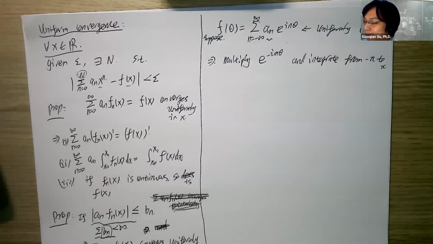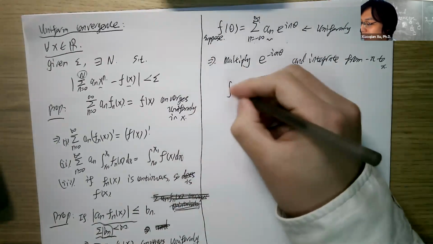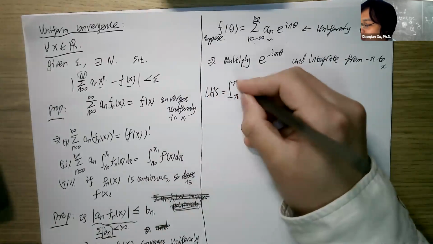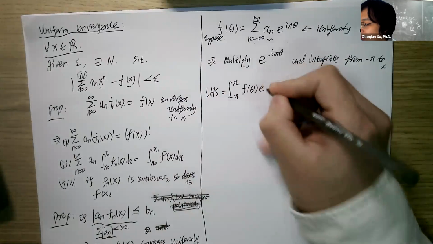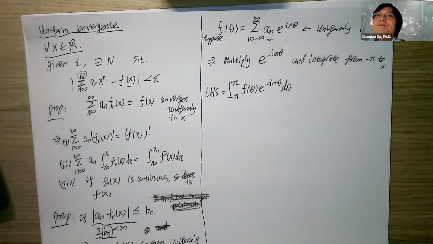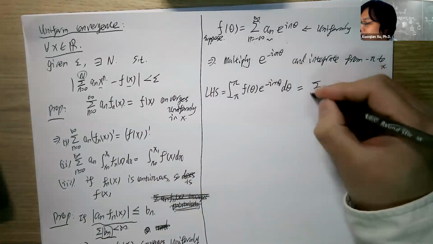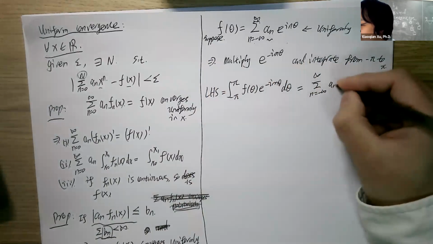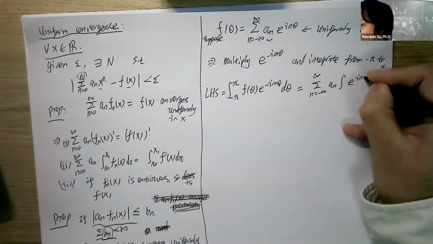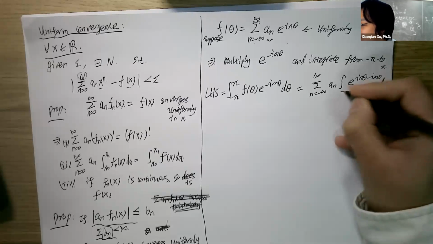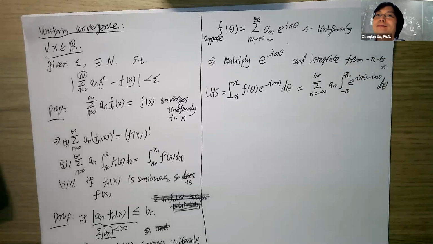And see what happens. On the left-hand side, it is the integral from minus pi to pi of f(theta) e to the minus im theta d theta. On the right-hand side, it is the sum from minus infinity to infinity of an e to the in theta minus im theta d theta from minus pi to pi.